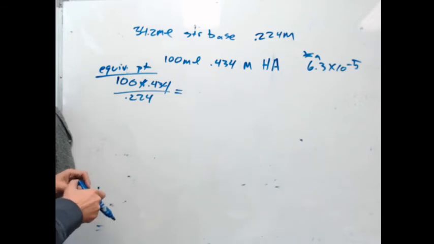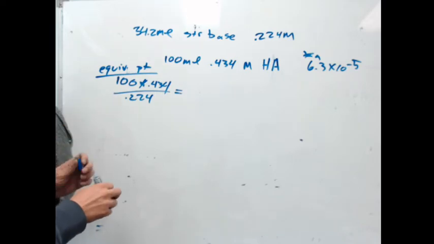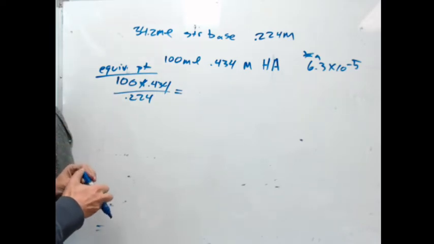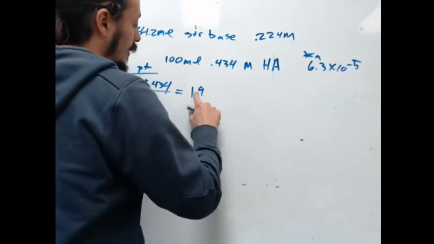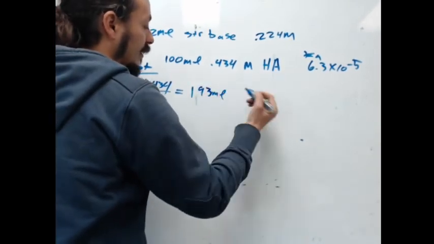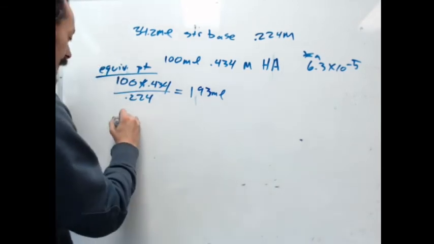Let's get the actual number. I'm finding the volume to the equivalence point. 1.93 times 10 to the second. So 193 milliliters to equivalence point.